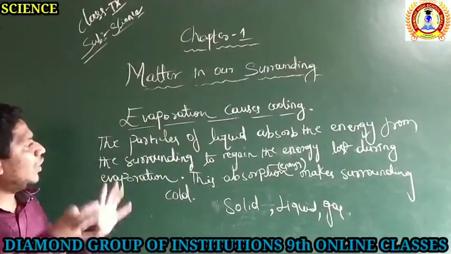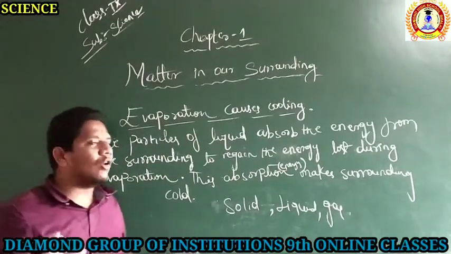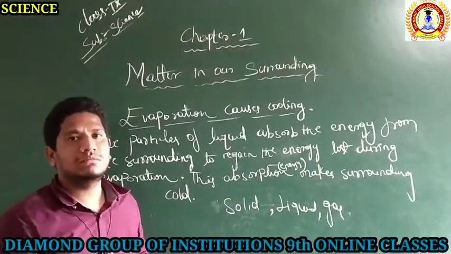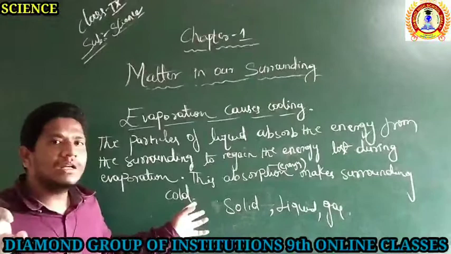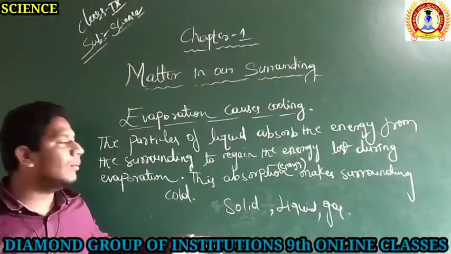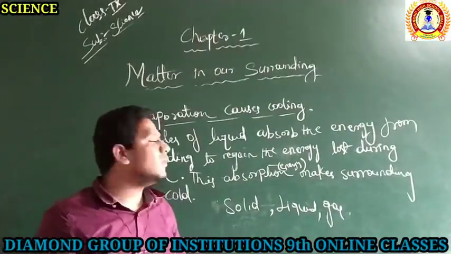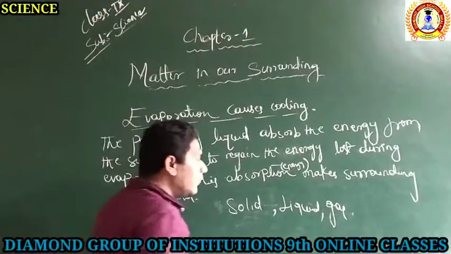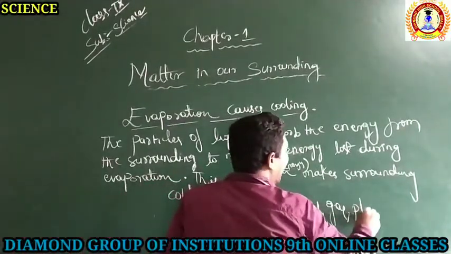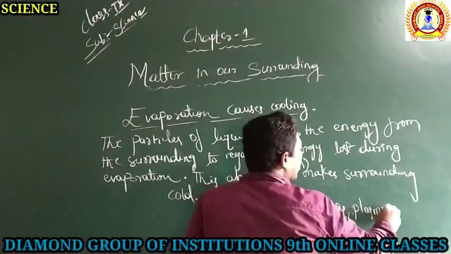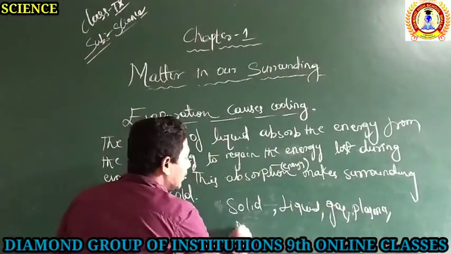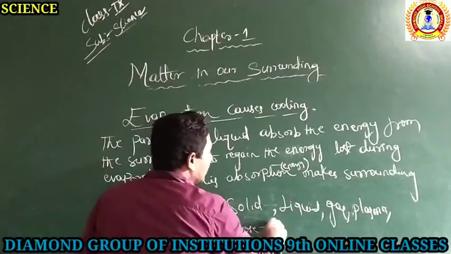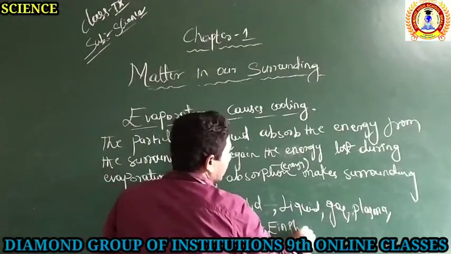But after all this, the scientists talked about 5 states of matter. Actually, we have 3 states of matter, but afterwards, the scientists talked about 5. Then which are the 2 other states of matter? The 4th state of matter is plasma, and the 5th state of matter is Bose-Einstein condensate.